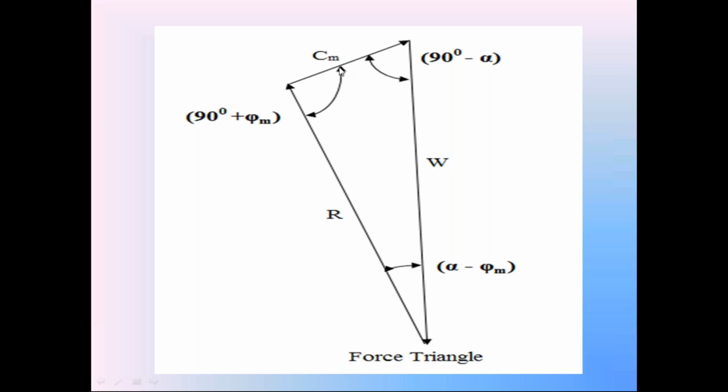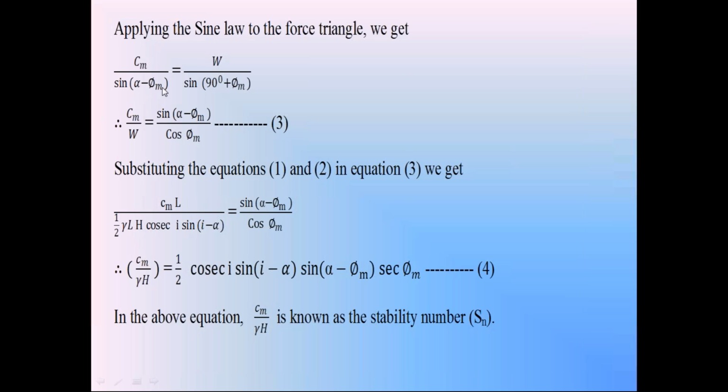Apply the sine rule in that force triangle: Cm divided by sine alpha minus phi m is equal to W by sine 90 plus phi m. This is Kalman's procedure to find the maximum height of the soil slope AB.